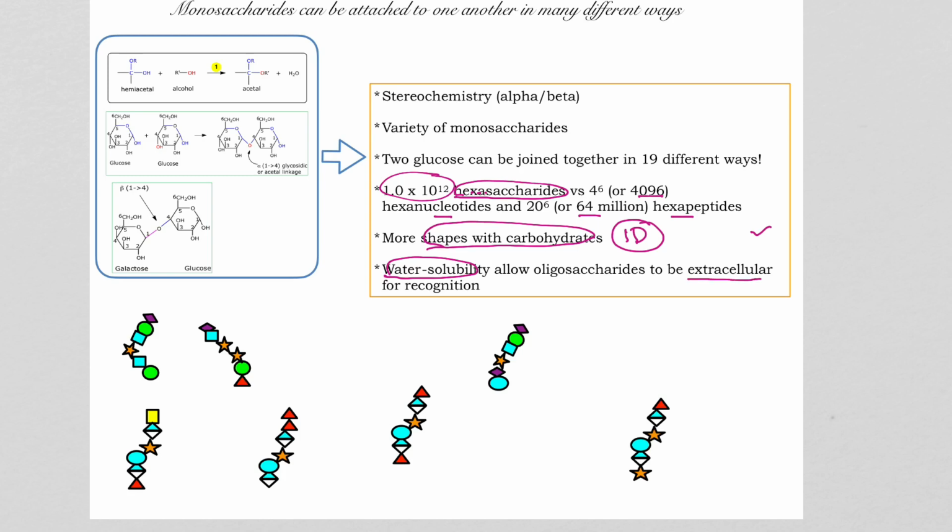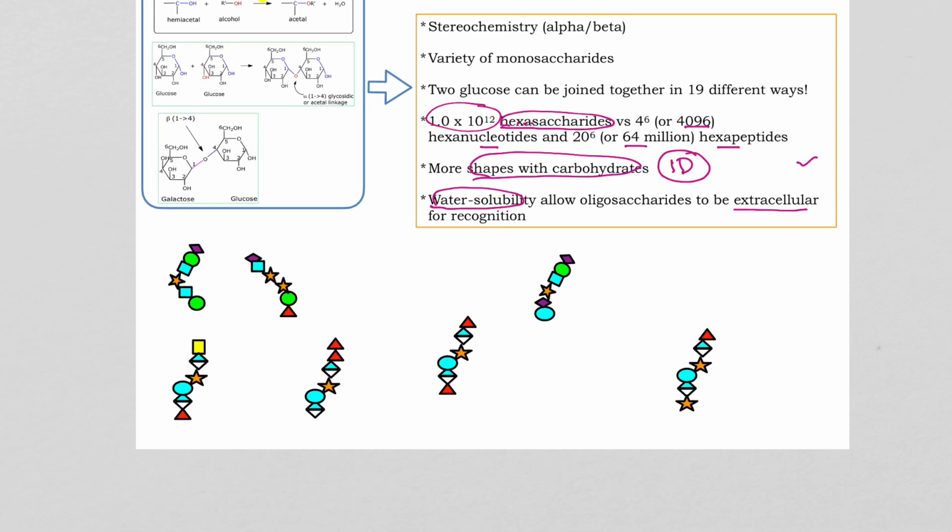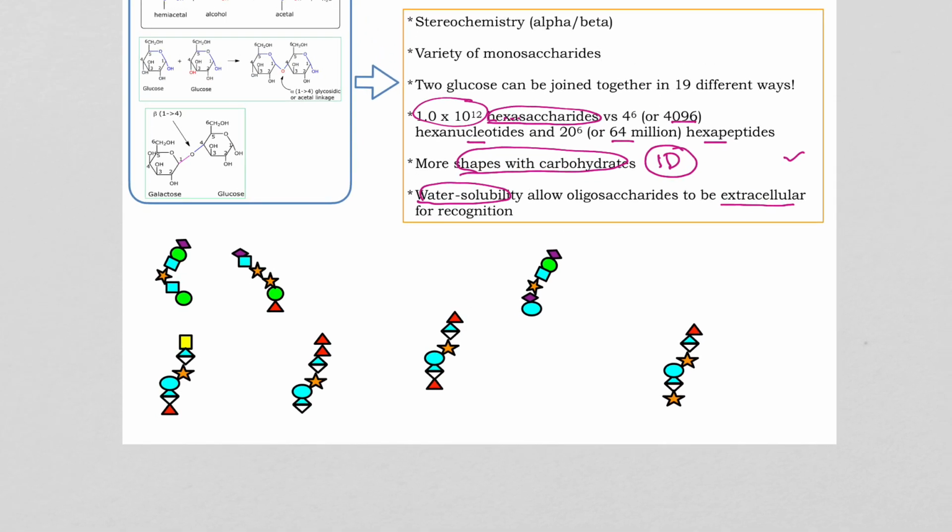attached to cells or proteins on the outside, and molecular recognition occurs typically on the outside. You know, one cell recognizes another cell, or protein recognizes another protein on the surface.